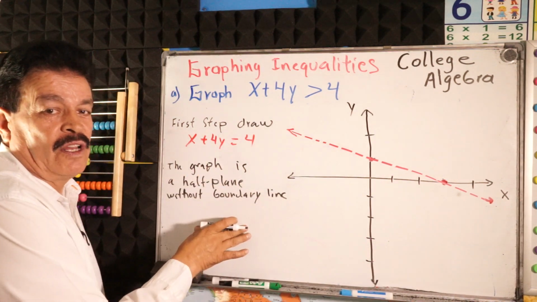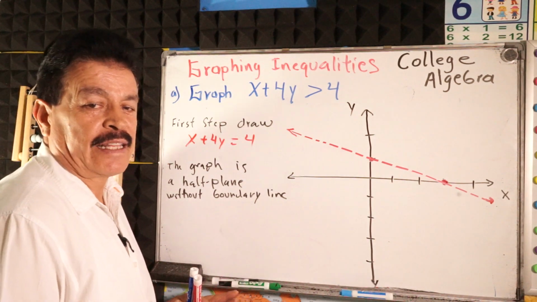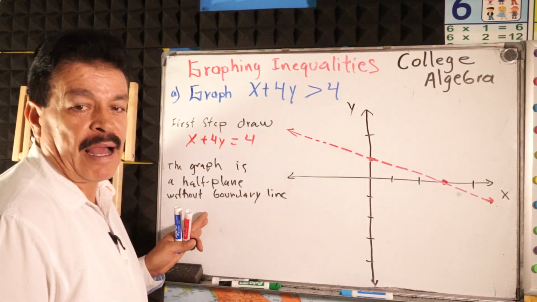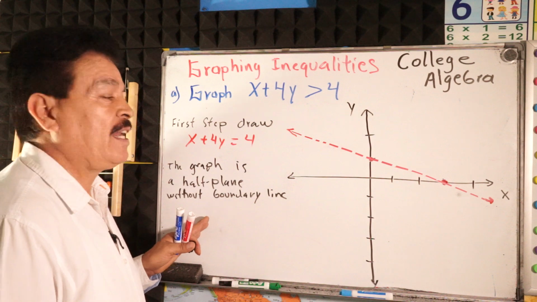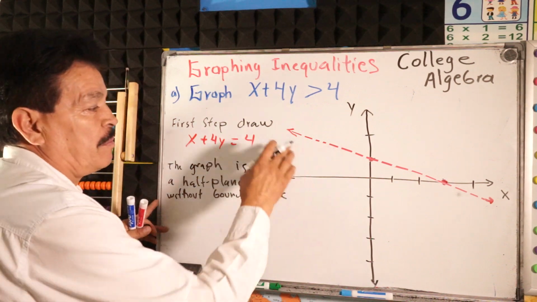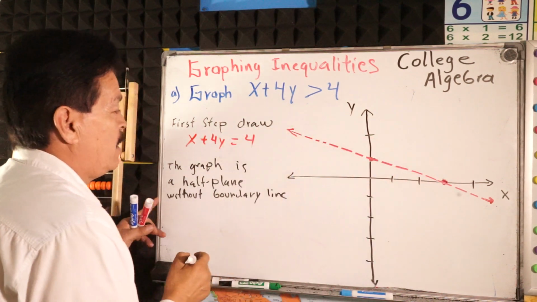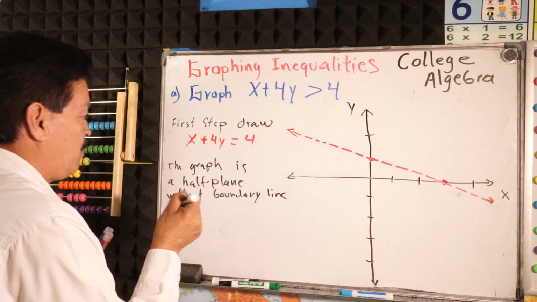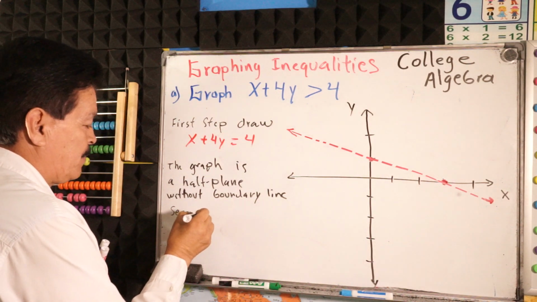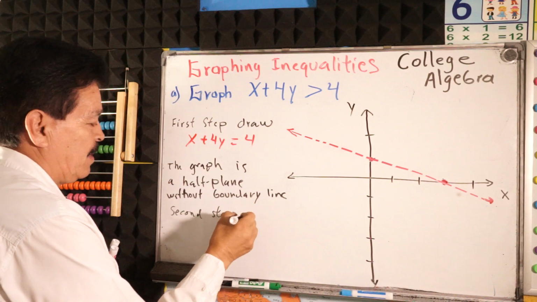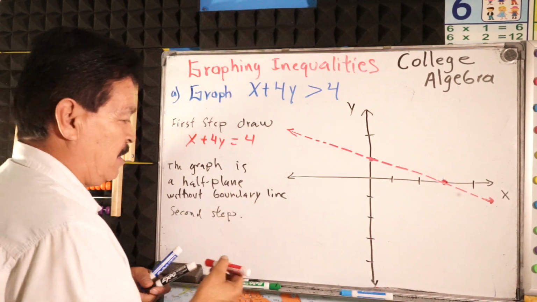So it is customary to indicate this by marking the boundary line with dashes, coloring, make the coloring. So the second step, select any point.